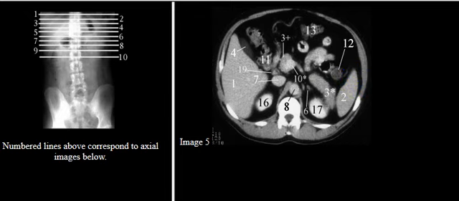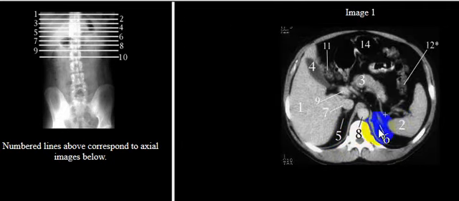Let us see some anatomic slices. Here we see the spleen, the splenic artery, the pancreas, the descending colon, and this is the splenic hilum, and here we see the left adrenal gland.